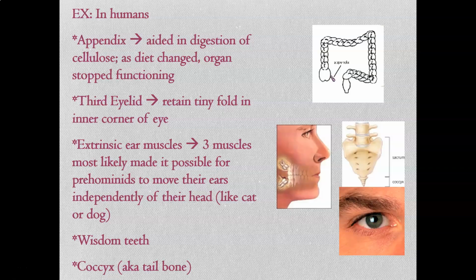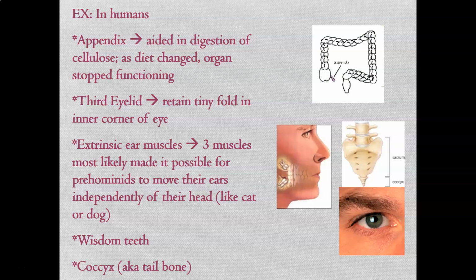Again, that third eyelid, that nictitating membrane that I mentioned, we have that tiny fold in the inner eye. Some people can still do this. If you can move your ears up and down, you actually still have the possibility to have extrinsic, additional ear muscles.